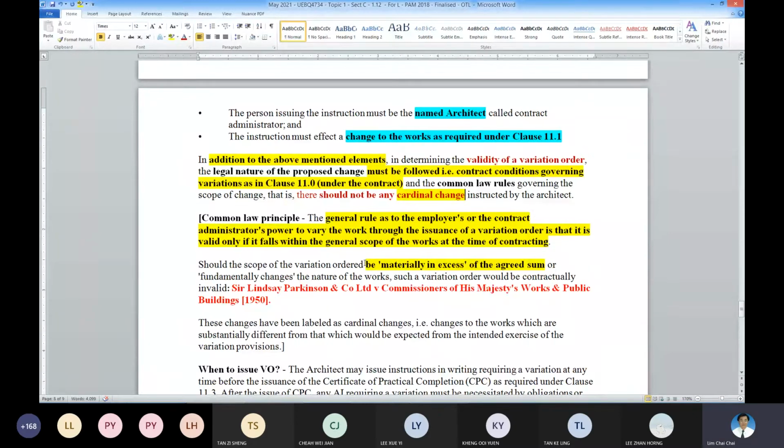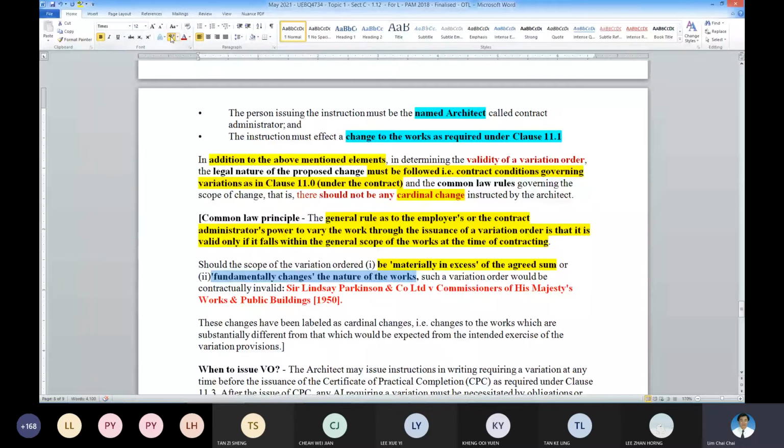Type 2: fundamental change of nature of work. This is what we have been talking about all along, change in the nature of the work. This one is considered as cardinal change. So the cardinal change I was talking about earlier is type 1, the change of nature of work.